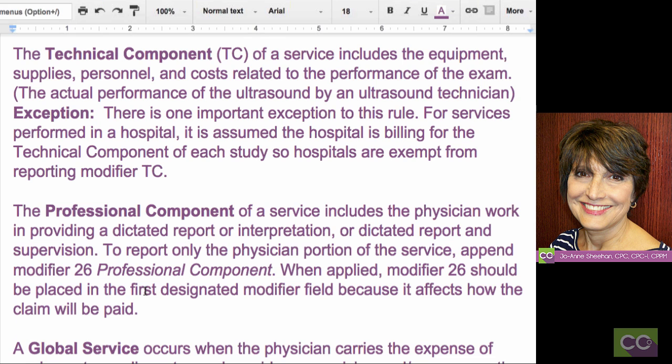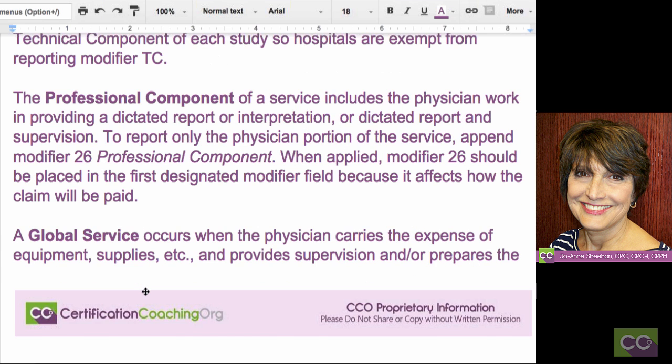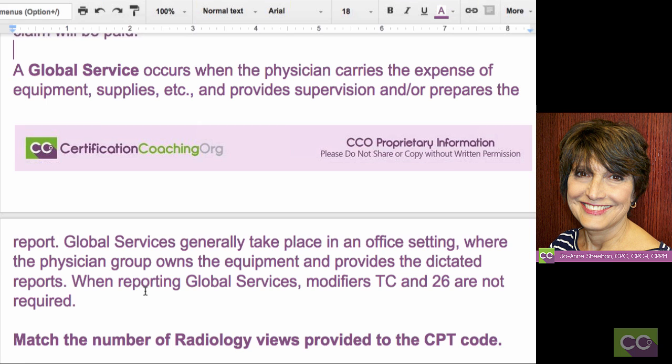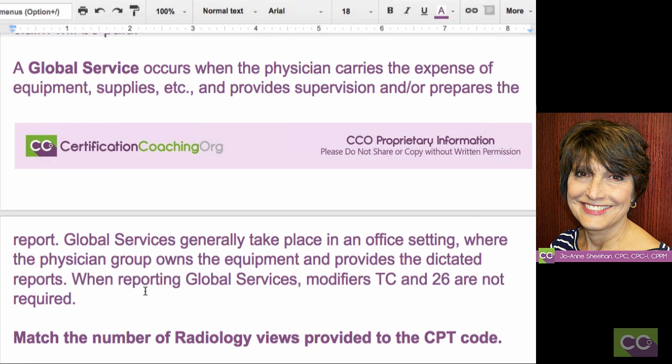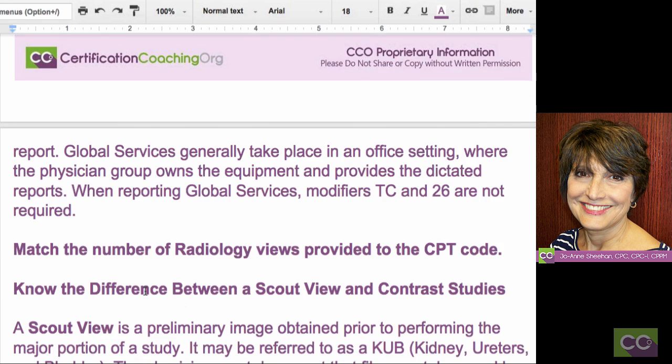You want to make sure that that's the first sequenced modifier at all times. And again, the global service just takes in all of that, both the taking of the x-ray or whatever, as well as the interpretation. And so that's very important. And of course, again, you match the number of radiology views provided and match it to the CPT code.